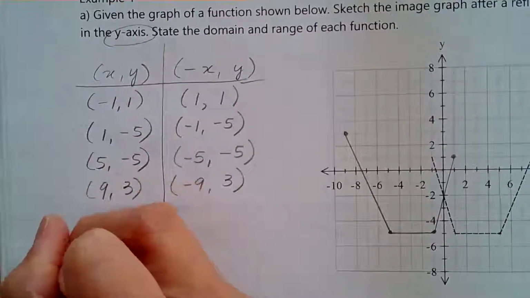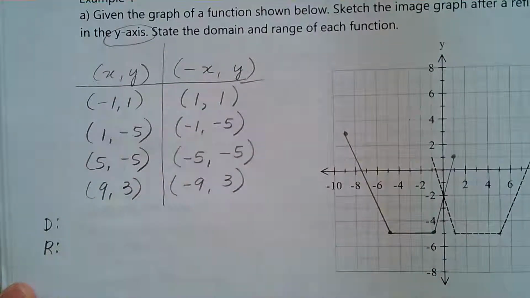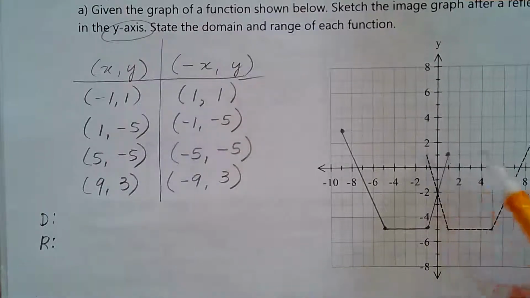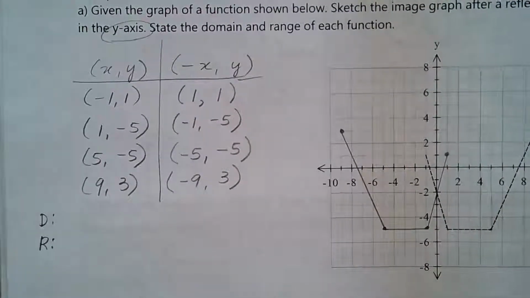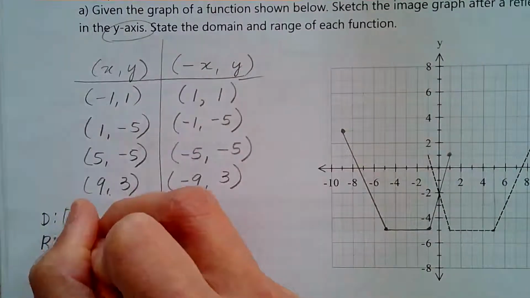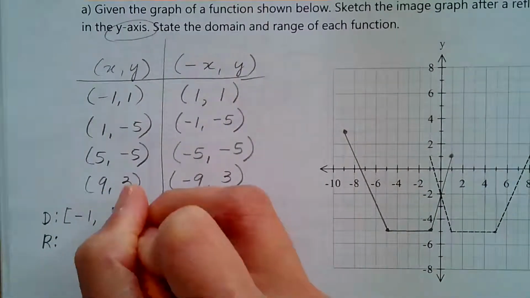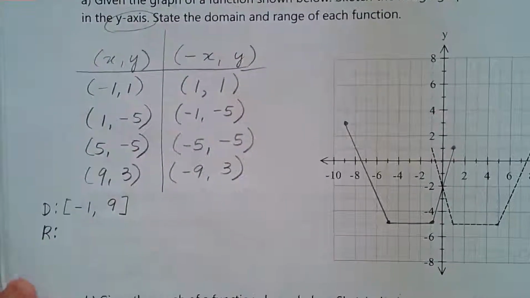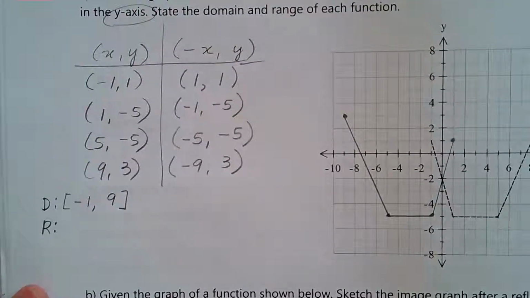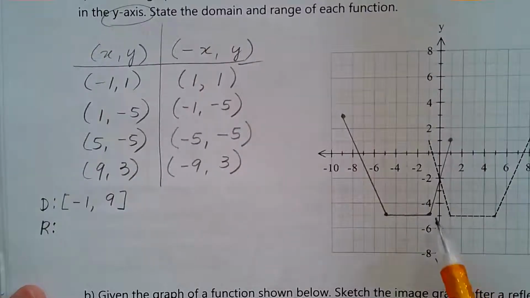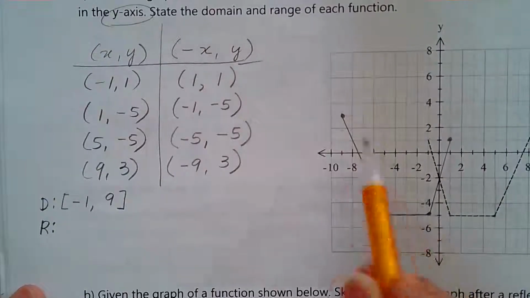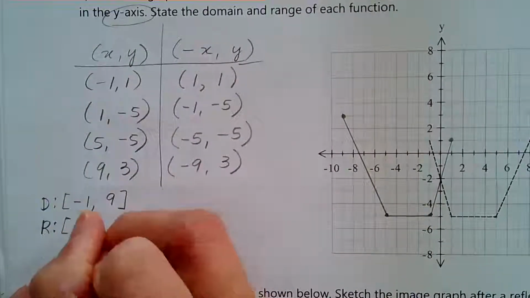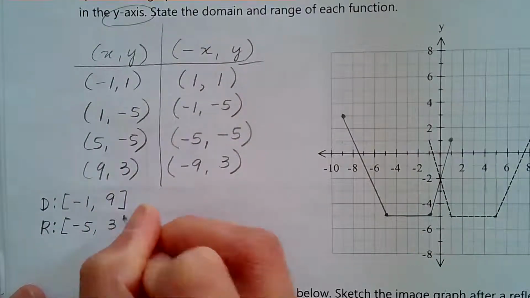So the domain of this is going to be from -1 to +9. So -1, comma 9. Okay. And then the range is from -5 to +3. -5, comma +3.